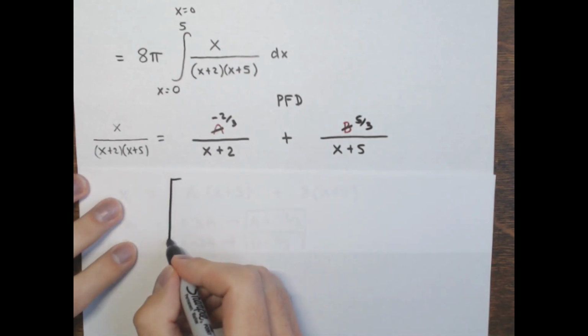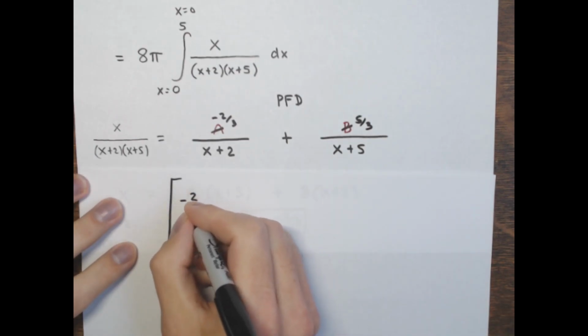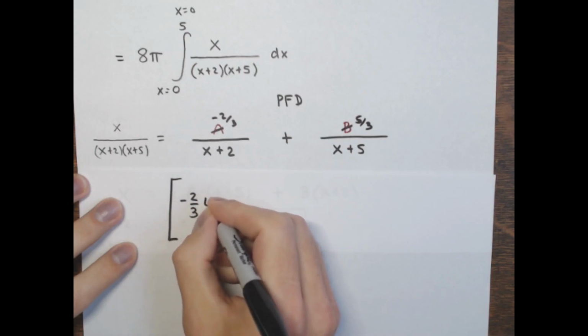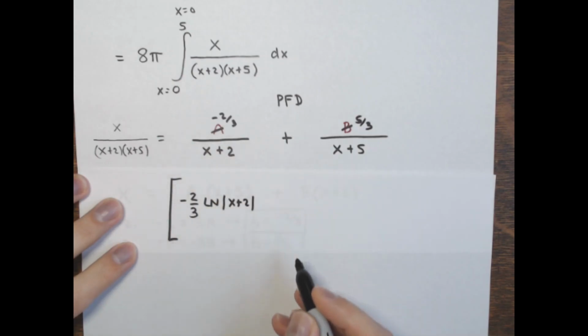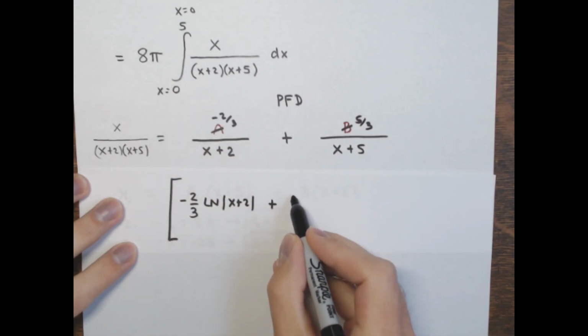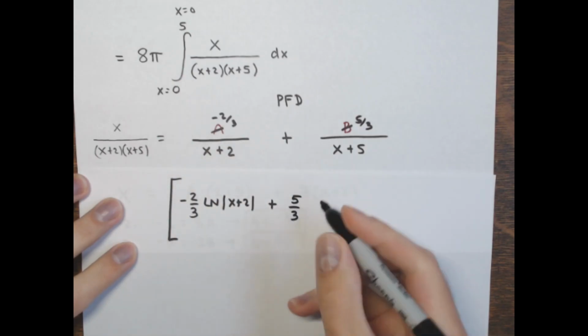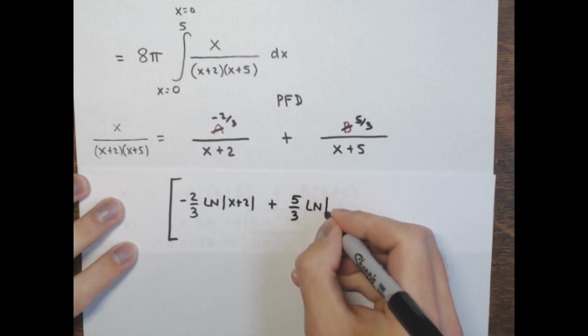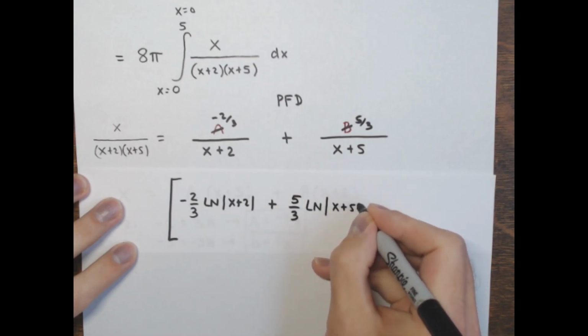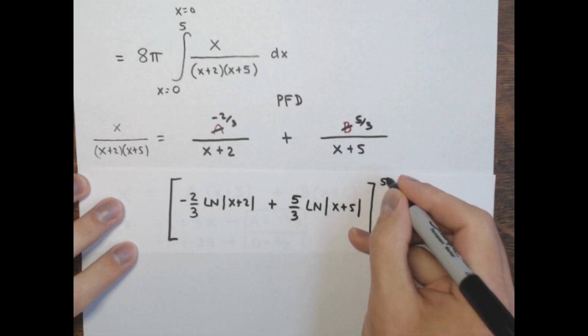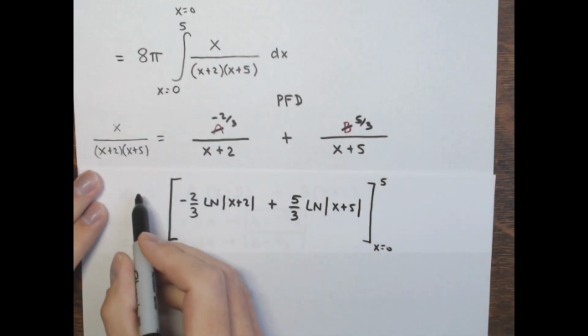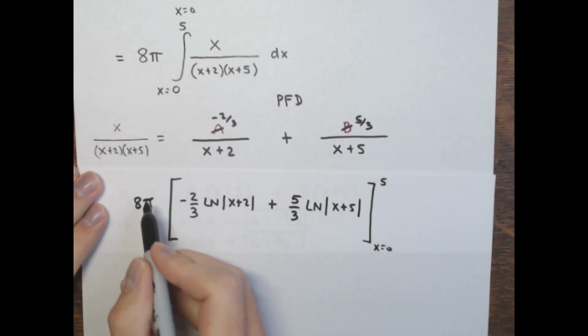So our integral would be -2/3 times the natural log of the absolute value of x plus 2 plus 5/3 times the natural log of the absolute value of x plus 5. Right, and we're evaluating this from x equals 0 to 5, and then this gets multiplied by 8 pi afterwards.